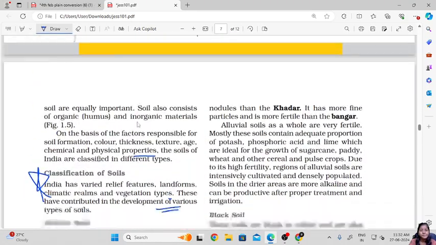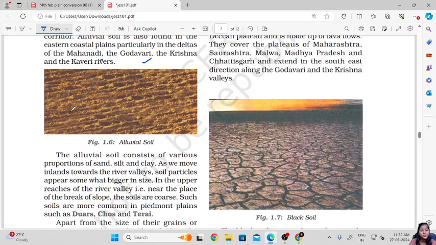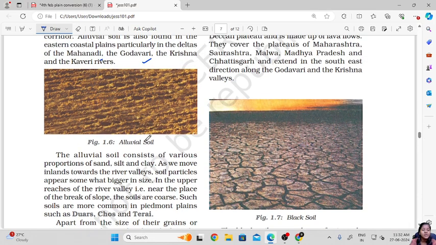Okay, so in the picture of alluvial soil, we can see it consists of various proportions of sand, silt and clay.